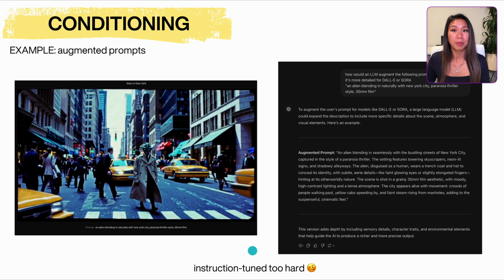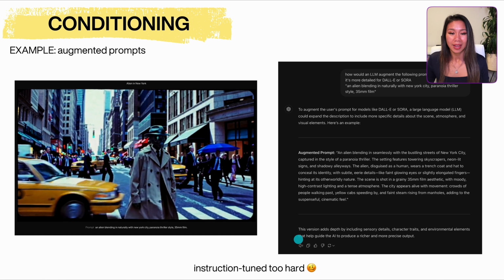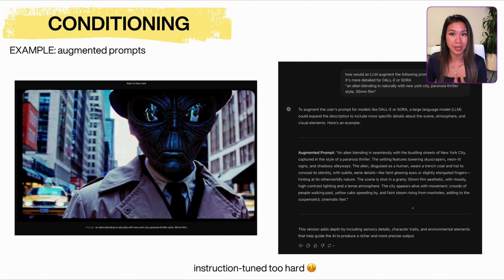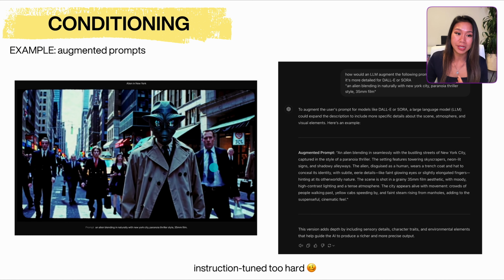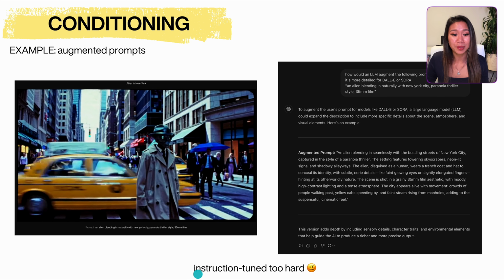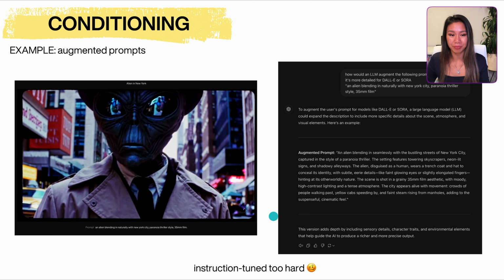This is perfectly fine. But the other thing that this reveals is that if ChatGPT is generating the same augmentation when I prompt it, and also the same augmentation when somebody else prompted it, that means that the model was instruction tuned a little too hard. It memorized the alien to trench coat and yellow cabs example a little too hard. So yeah, really interesting example that I uncovered there that I wanted to share with y'all.